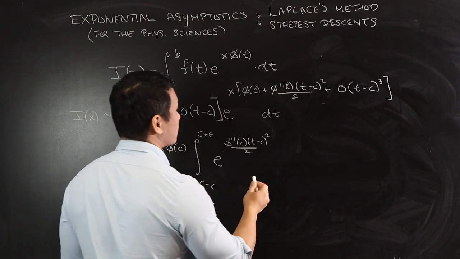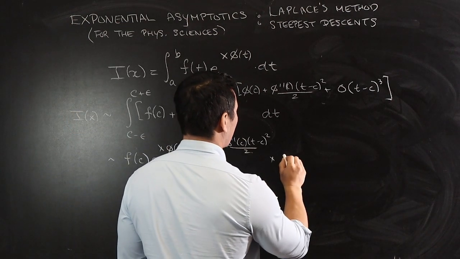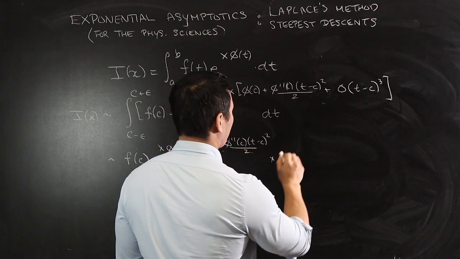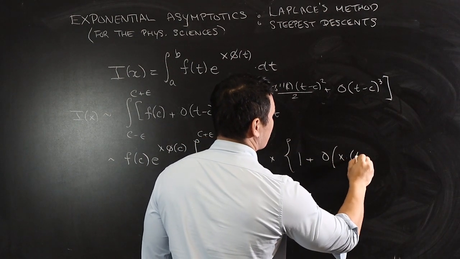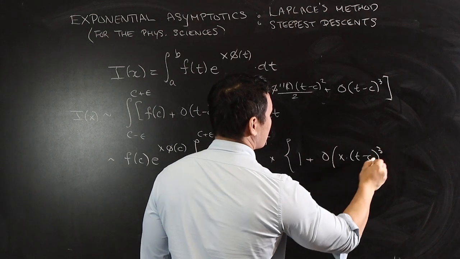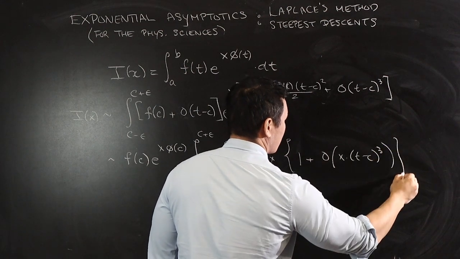So if I erase the picture here, then I have 1 plus order, and then this would be x times t minus c cubed dt.